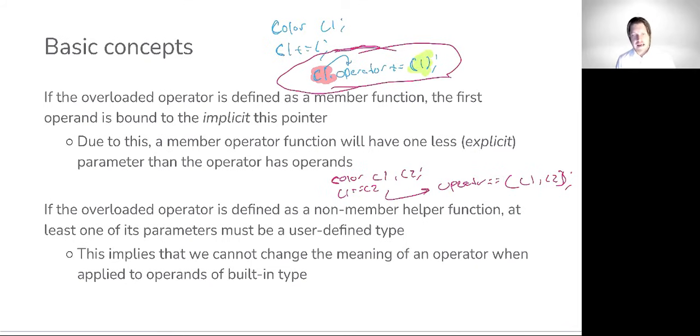Whenever we're defining an overloaded operator as a non-member function, it's critical that at least one of its parameters must be a user-defined type. This implies essentially that we cannot change the meaning of an operator when applied to operands of the built-in types.